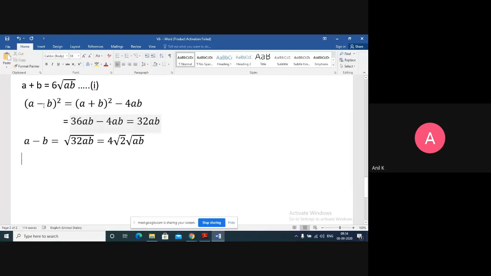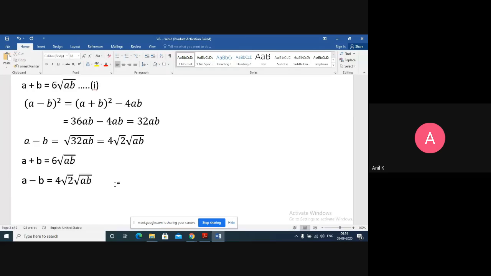So we have first equation as A plus B equals to 6 root AB. The second equation is A minus B is equals to 4 root 2 root AB.